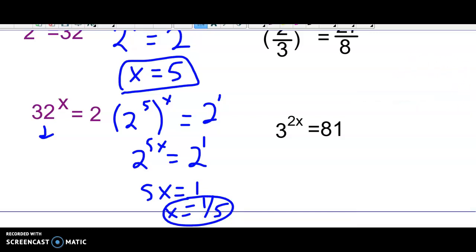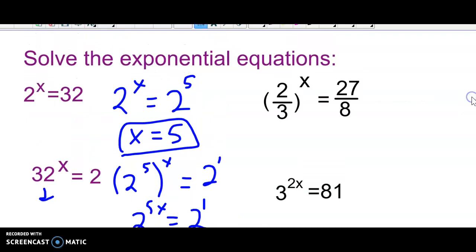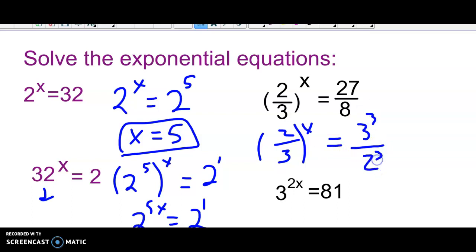Okay, back up here to the other problem. 2/3 to what power? I'm going to kind of rewrite this. I know I can write 27 as 3 to the 3rd. I can write 8 as 2 to the 3rd. So I have here 2/3 to the x power equals 3/2 cubed, right?